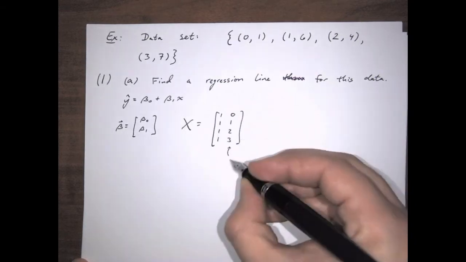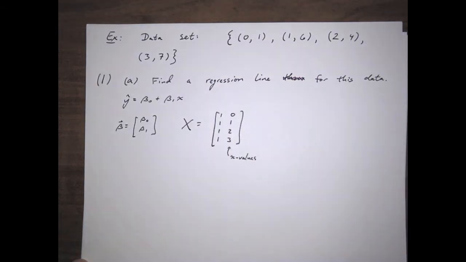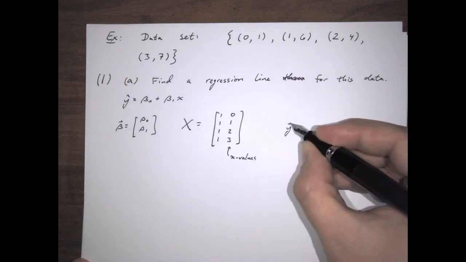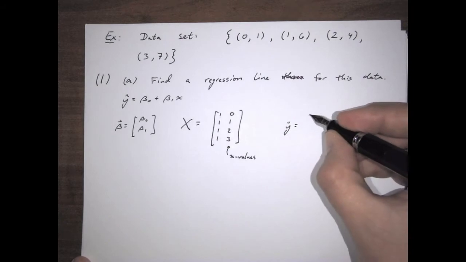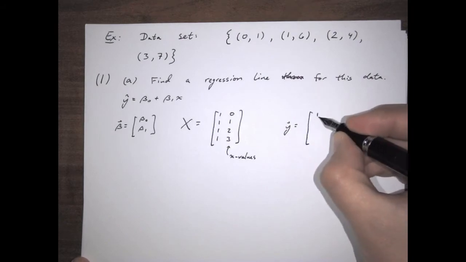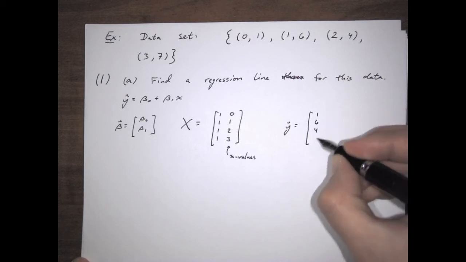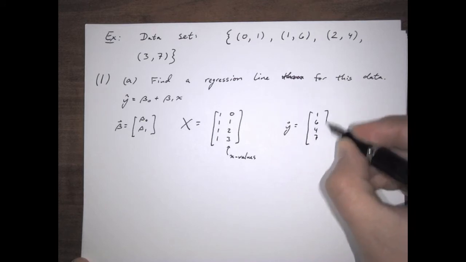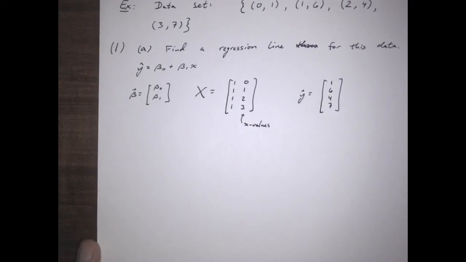These are the x values. And then as for the y, this is going to be equal to just the y values: 1, 6, 4, 7. So very easy to set up, especially for something as stereotyped as linear regression.